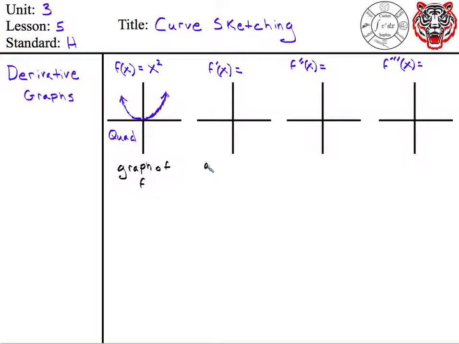This is going to be the graph of f prime. We're going really far today because we're going to do the graph of f double prime and the graph of f triple prime.